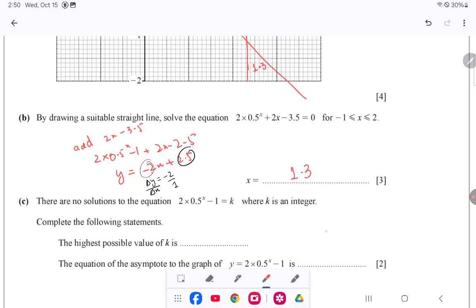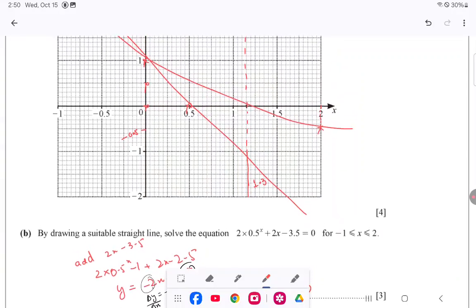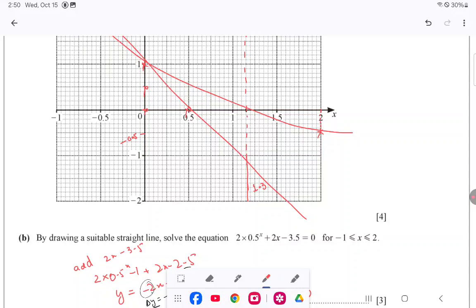Now complete the following statement: there are no solutions of the given equation where k is an integer. So k cannot be negative 1 because this is the least point where the function cannot exist.